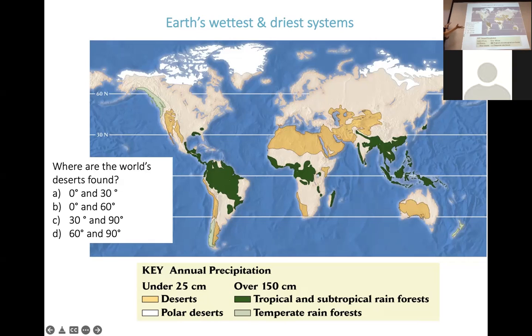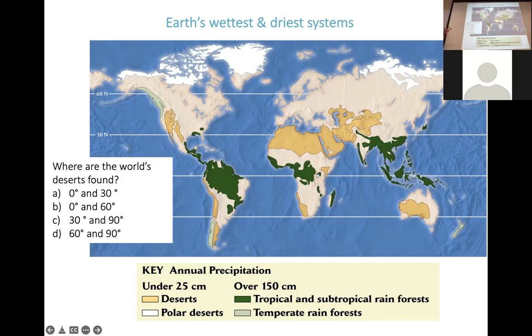We don't have deserts really. Well, there are actually a couple of deserts, tiny ones at the equator. 30 and 90 are where most of the deserts are found. 90 degrees are the poles. Those are polar deserts. It's weird to think about the poles as deserts, but desert is defined by the amount of precipitation. They don't get much precipitation. They have extremely low precipitation, even though they have a covering of snow and ice.